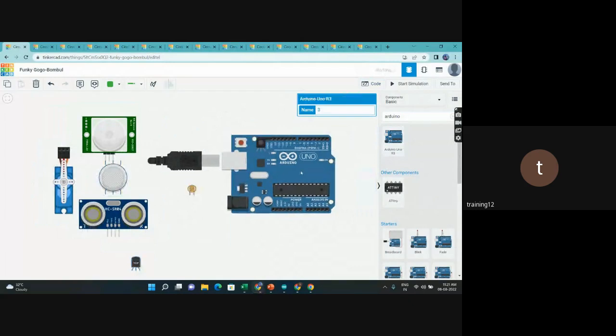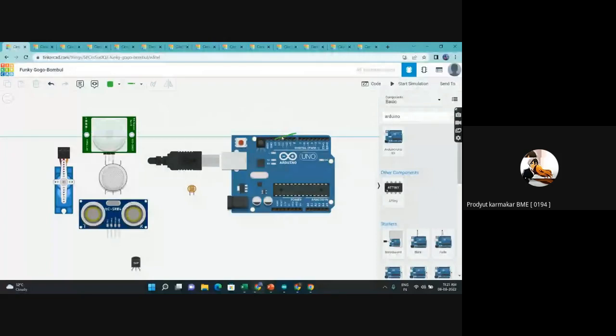Here on the Arduino Uno you see many pins, ground, and so on. The name is Arduino Uno R3. In Tinkercad, only one Arduino is used, since it is an online platform.